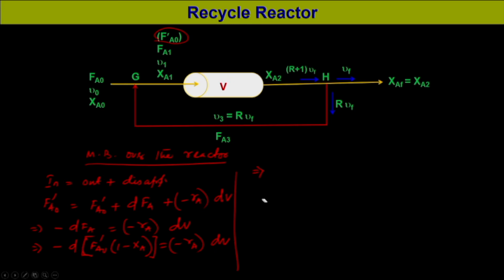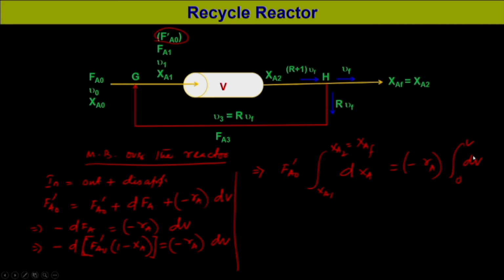If we integrate this, we can write Fa naught dash integral from Xa1 to Xa2, which is Xaf, dXa, equal to minus Ra integral 0 to V dV.